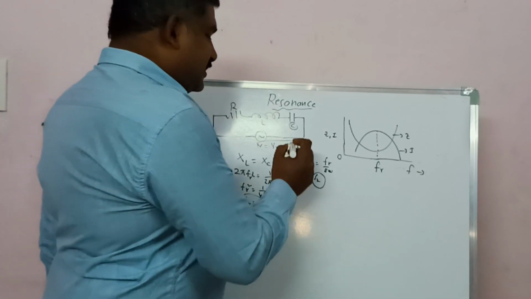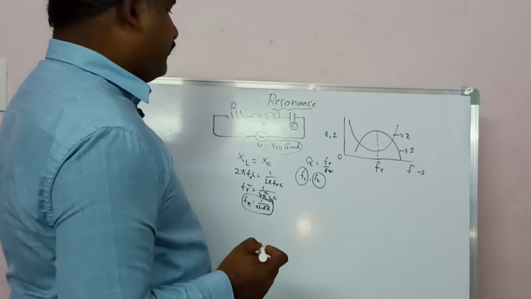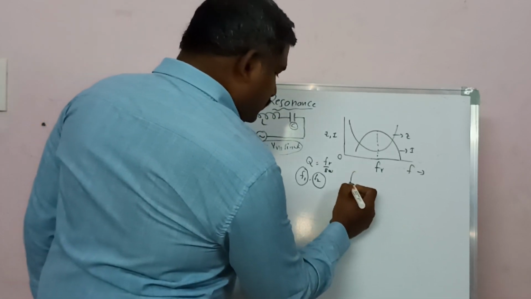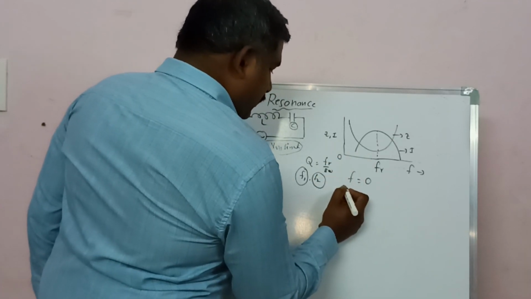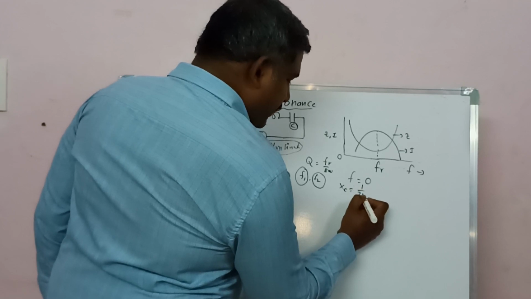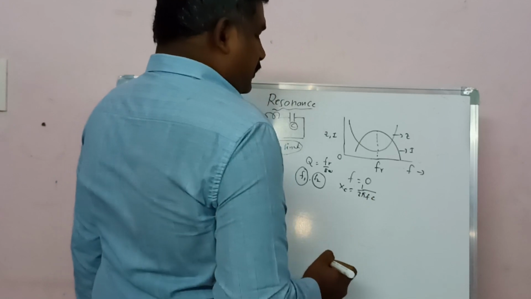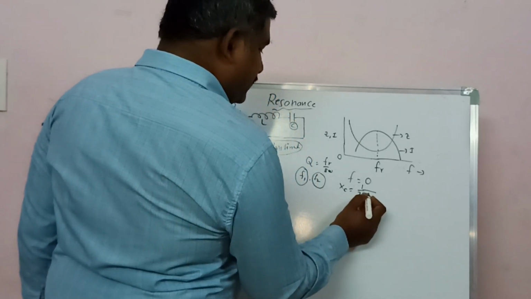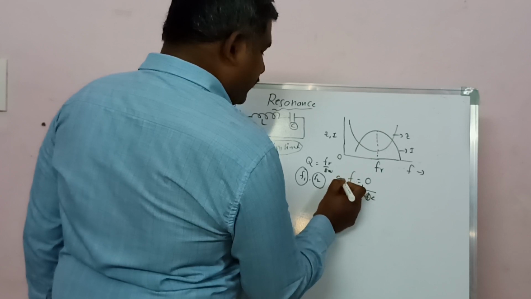When frequency f is equal to 0, XC is equal to 1 by 2 pi fC. Since frequency is maintained at 0 value, XC will be infinite.